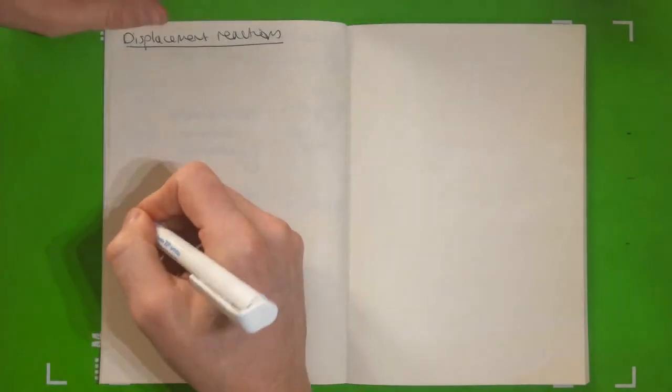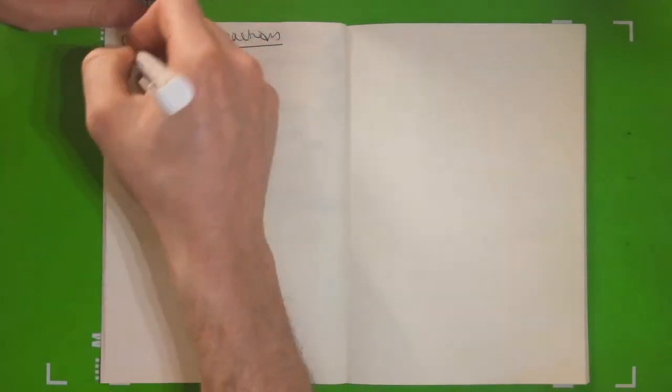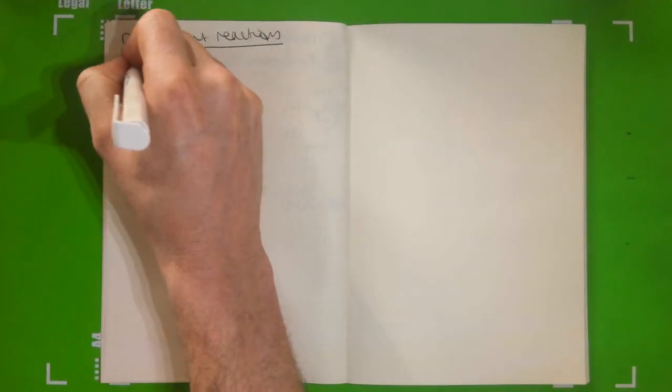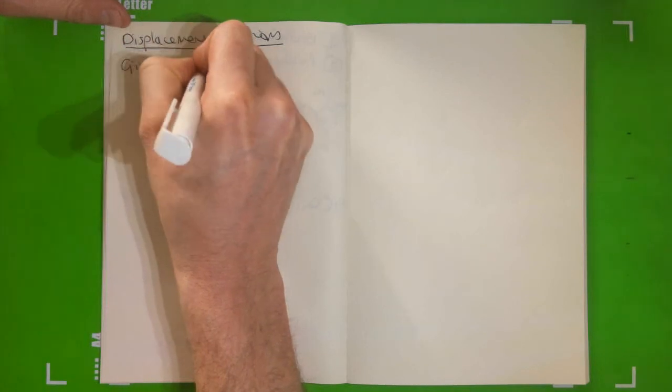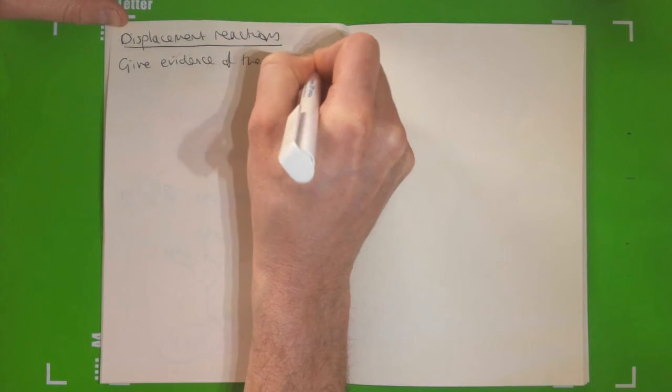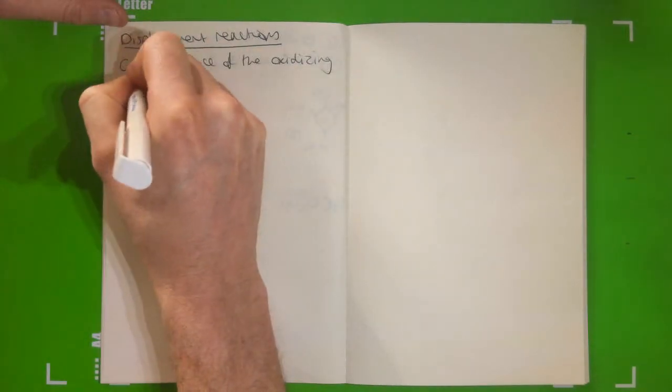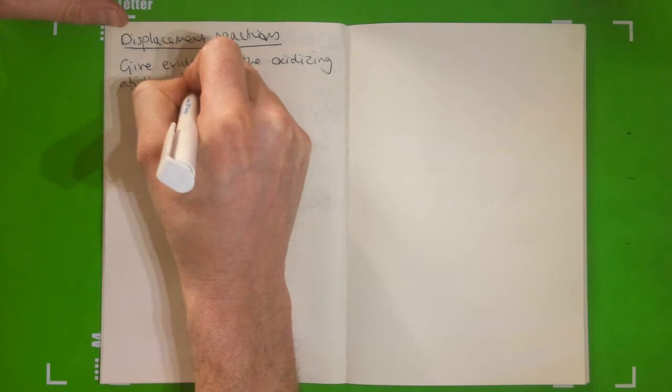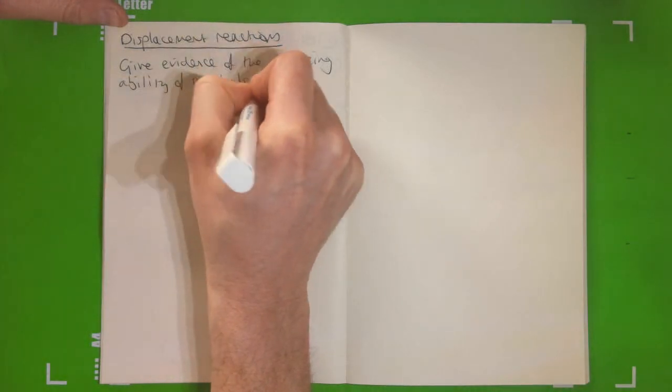So displacement reactions give evidence of the oxidizing ability of the halogens. Okay, so let's have a look at an example here then.